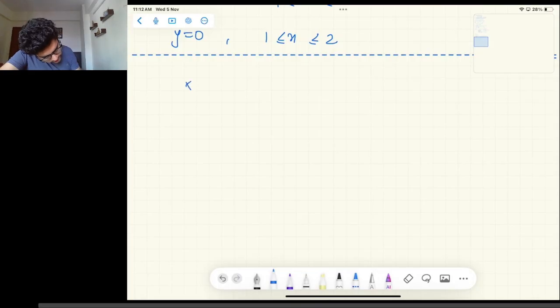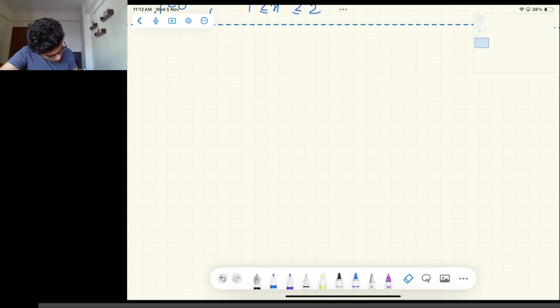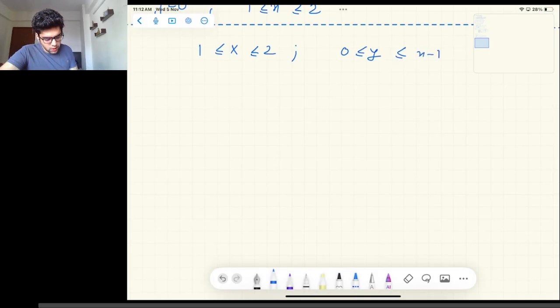So we are given x lies between 1 and 2, y lies between... so when my x is equal to 1, my y will be between 0 and 1.